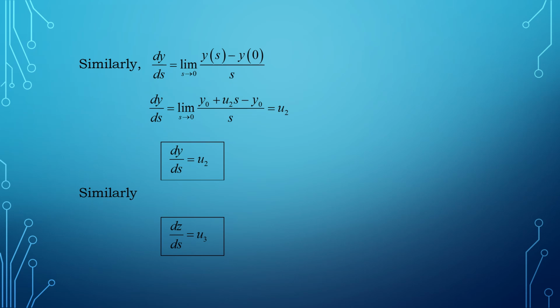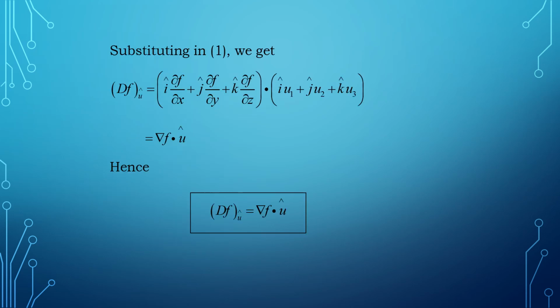Now we found the values of dx/ds, dy/ds and dz/ds. Here dx/ds is u1, dy/ds equals u2 and dz/ds equals u3. We have to substitute these values in our previous equation 1.